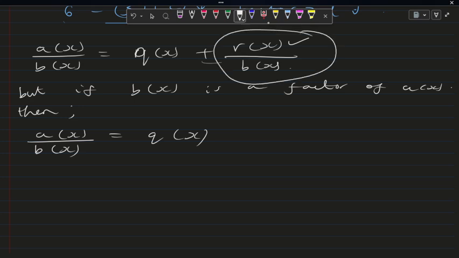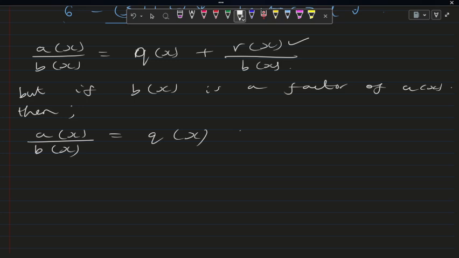Why is this the case? Because r of x is equal to 0, and if this is equal to 0, then this whole fraction will disappear, because the whole thing will be equal to 0.